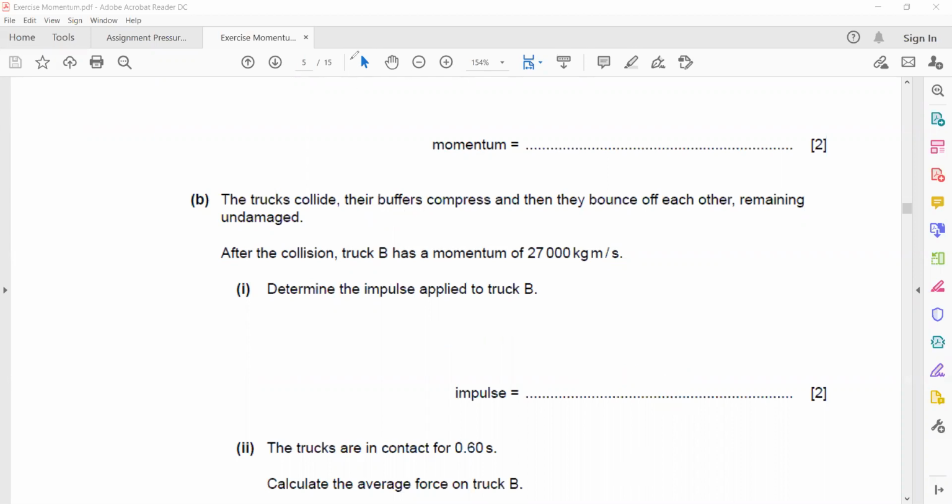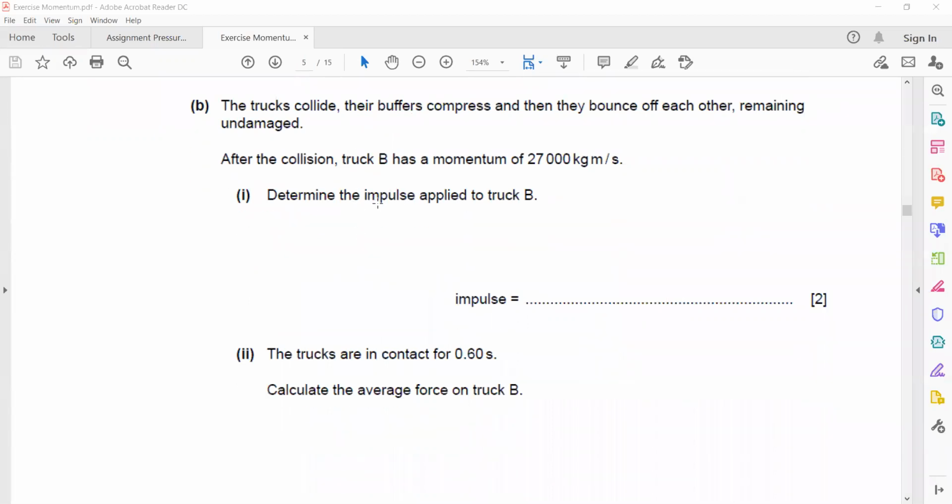In the third one, B2, the trucks are in contact for 0.6 of a second. So if they're in contact for 0.6 of a second, you have the impulse, which was 27,000 Newton second. You need the force.